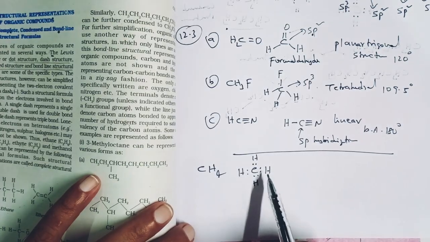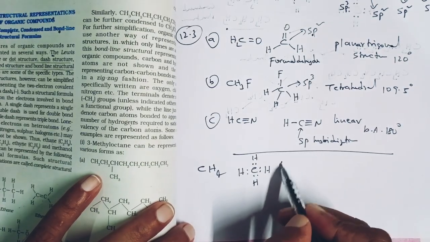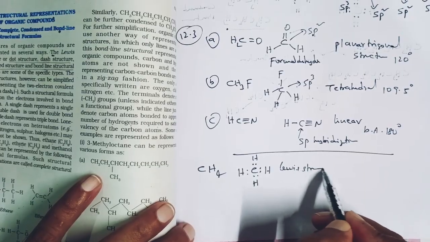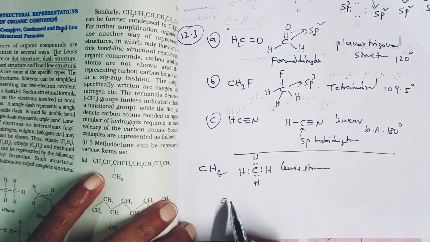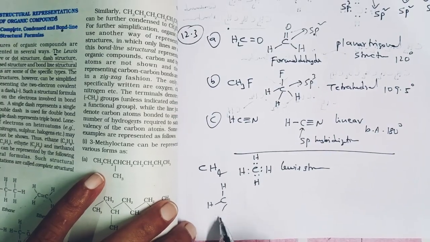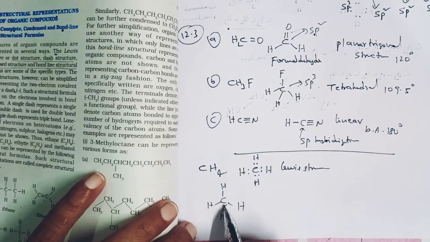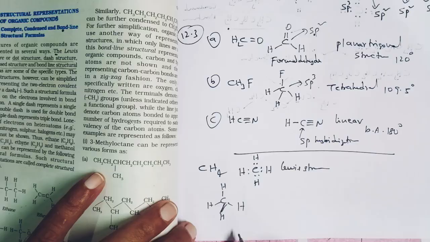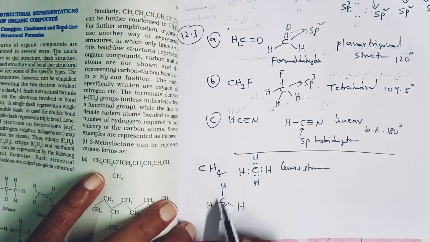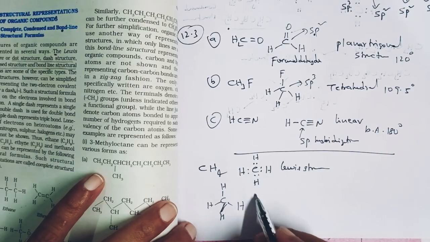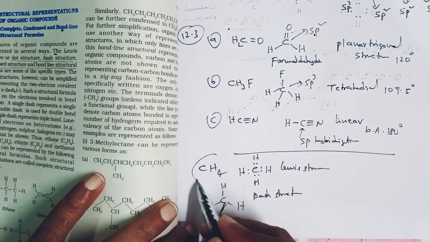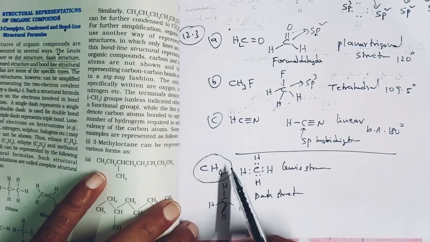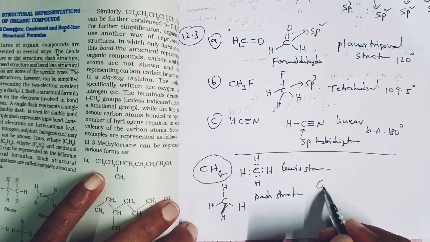This kind of representation of methane is called the Lewis structure. If we represent methane with bonds like this, single bond, single bond, single bond, single bond, this is called a dash structure, a dashed structure. And this type of representation is called a condensed structure.